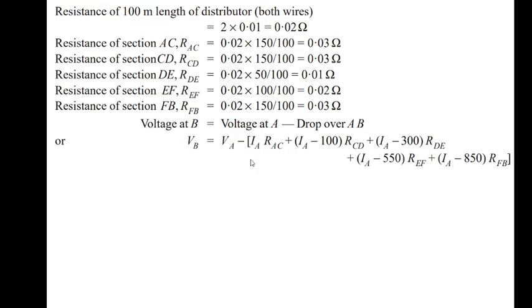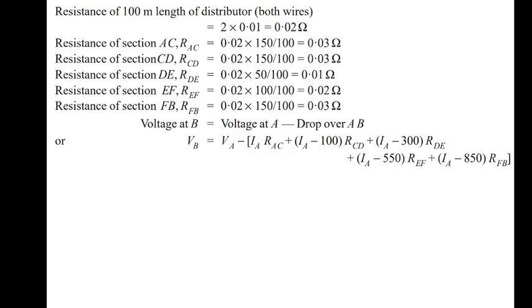So similarly, we have to find the total resistance and resistance of each section, and then we can find the voltage drop at different points. So similar to the previous example, by applying Kirchhoff's voltage law, the voltage at point B can be expressed in terms of the voltage at point A minus the cumulative voltage drop across each section.